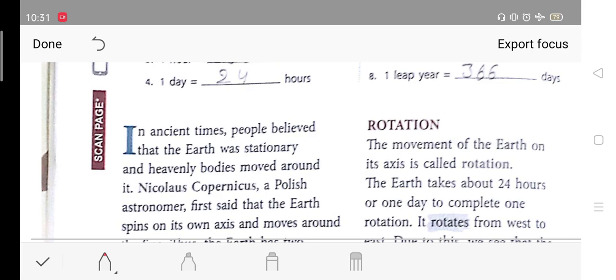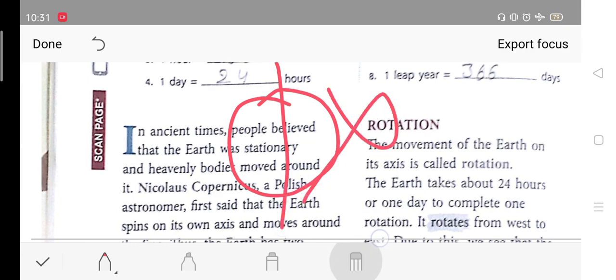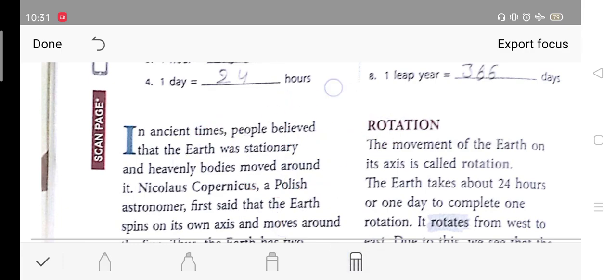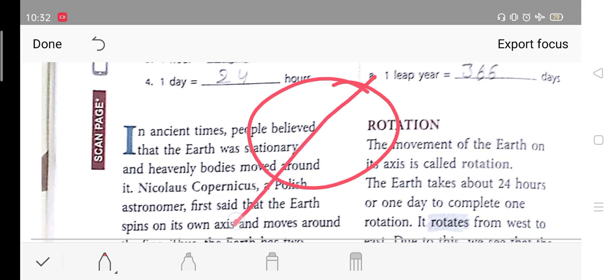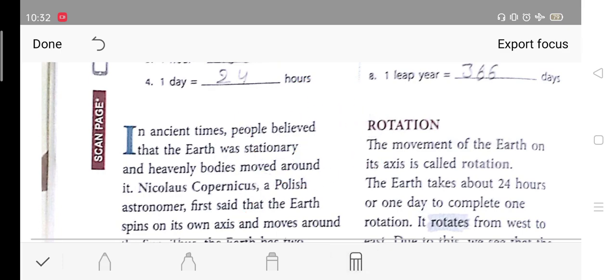Suppose this is the earth, and we know that the earth is tilted. That means it is not straight, this is not the way the earth is. There is a tilt. So the earth moves on its own axis.